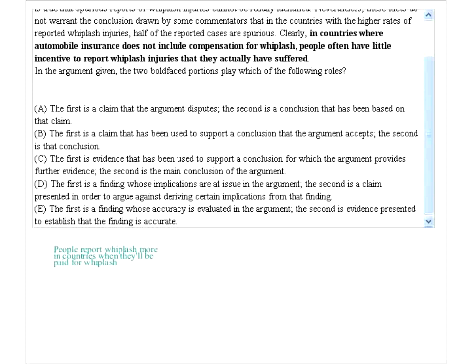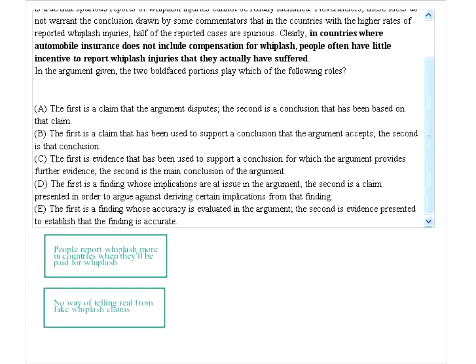All right, that's that first statement. Presently, no objective test for whiplash exists, so it is true that spurious reports of whiplash injuries cannot be readily identified. So, no way of telling real from fake whiplash claims.